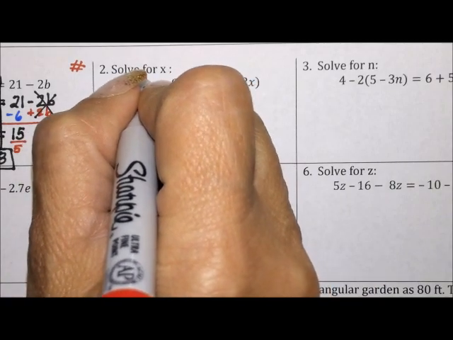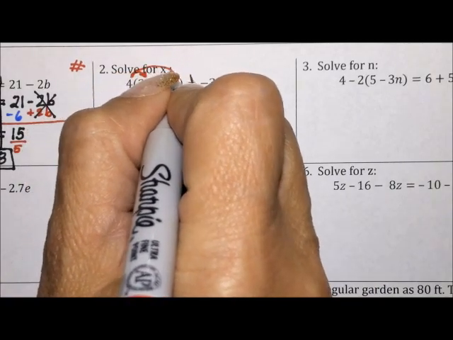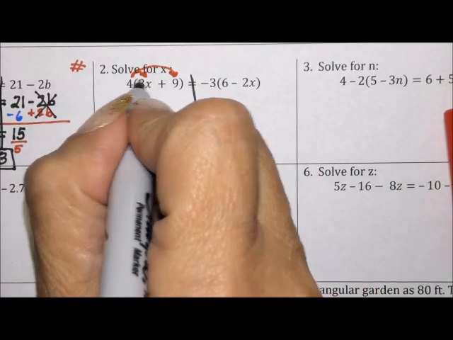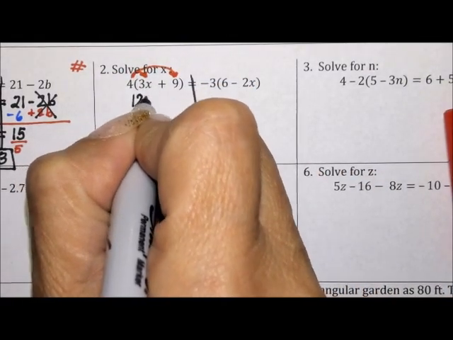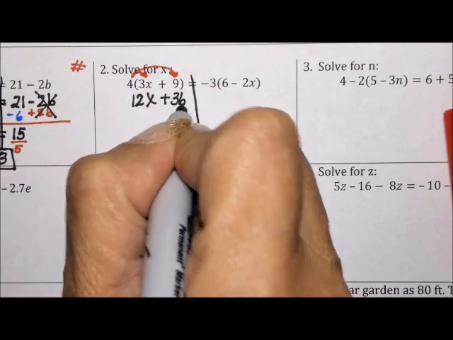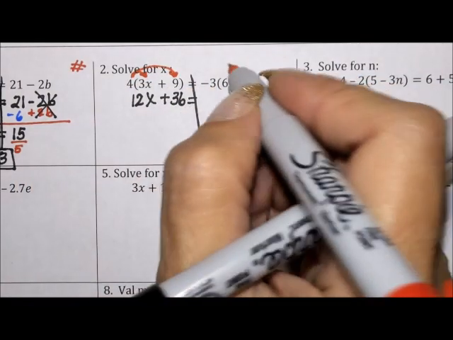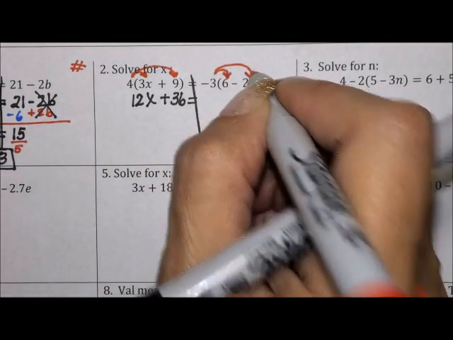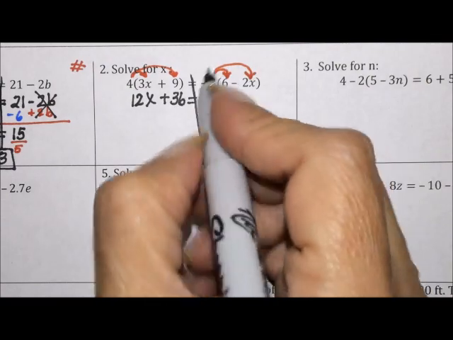I'm going to go ahead and start drawing it. Four times 3 will give me 12x, and 4 times 9 will give me 36, equals negative 3 times 6 and negative 3 times negative 2.